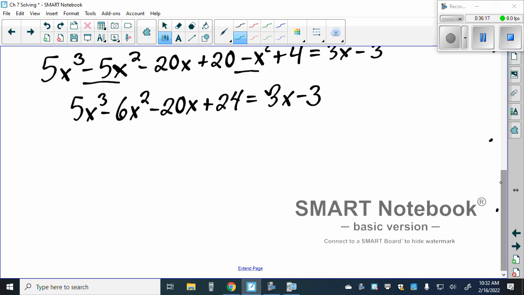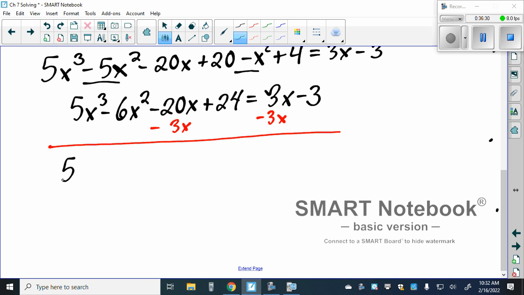At this point, we do need to get everything on the same side of the equation. So we can subtract 3x from both sides. This tells us that we have 5x cubed minus 6x squared minus 23x plus 24 is equal to negative 3.